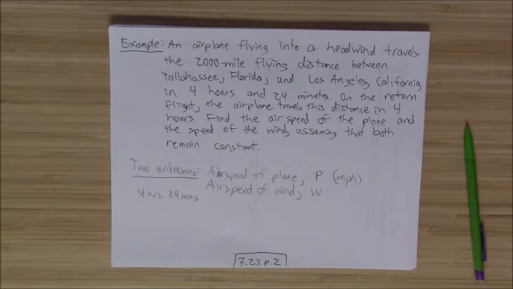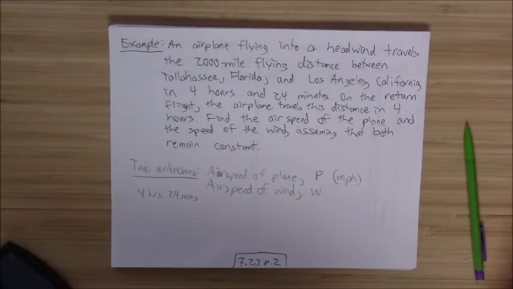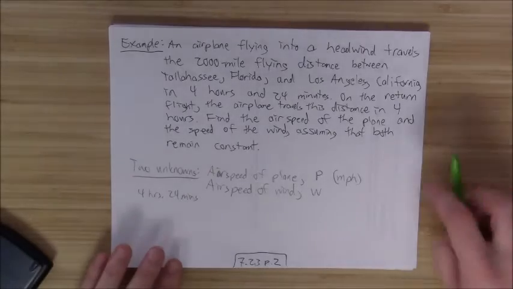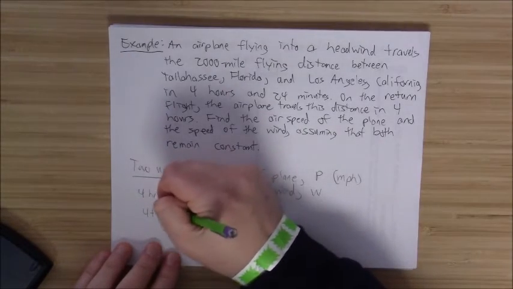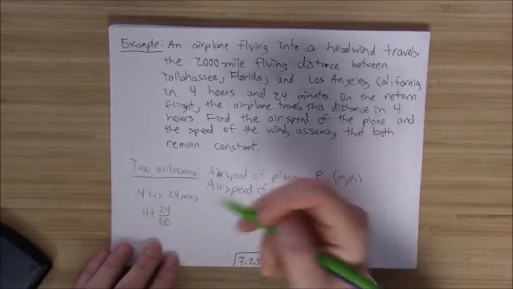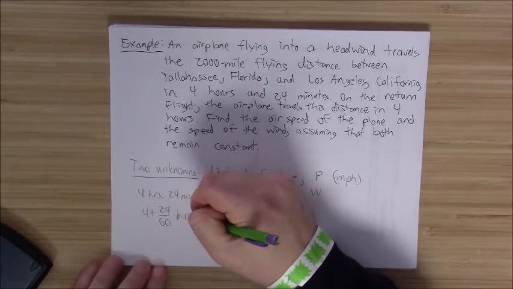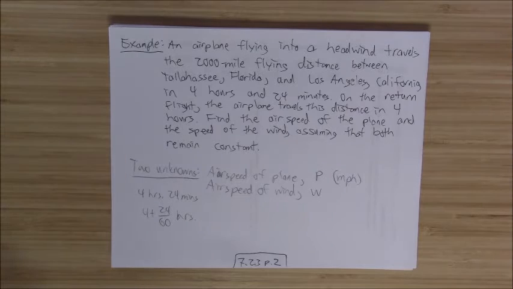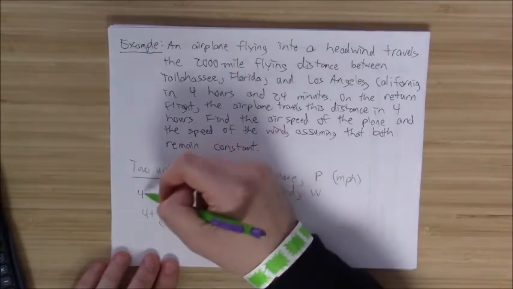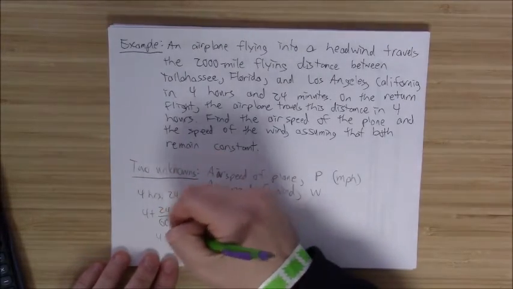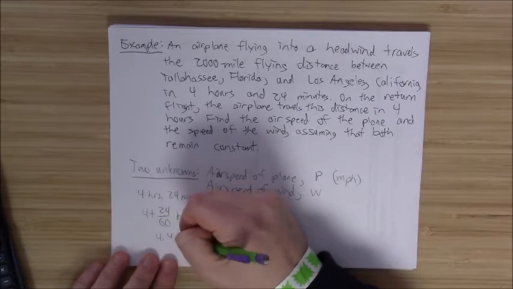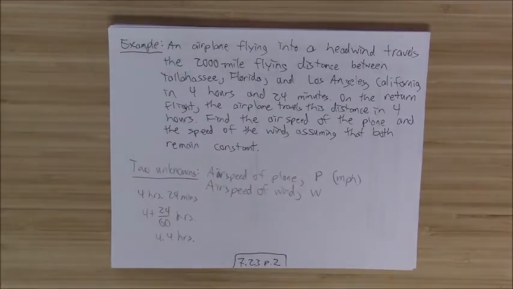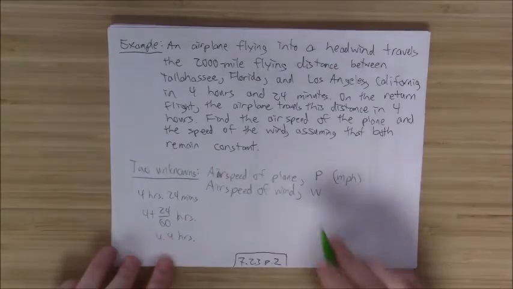So that's really 4 plus 24 over 60 hours. 24 divided by 60 is 0.4, so it's 4.4. So this is 4.4 hours.